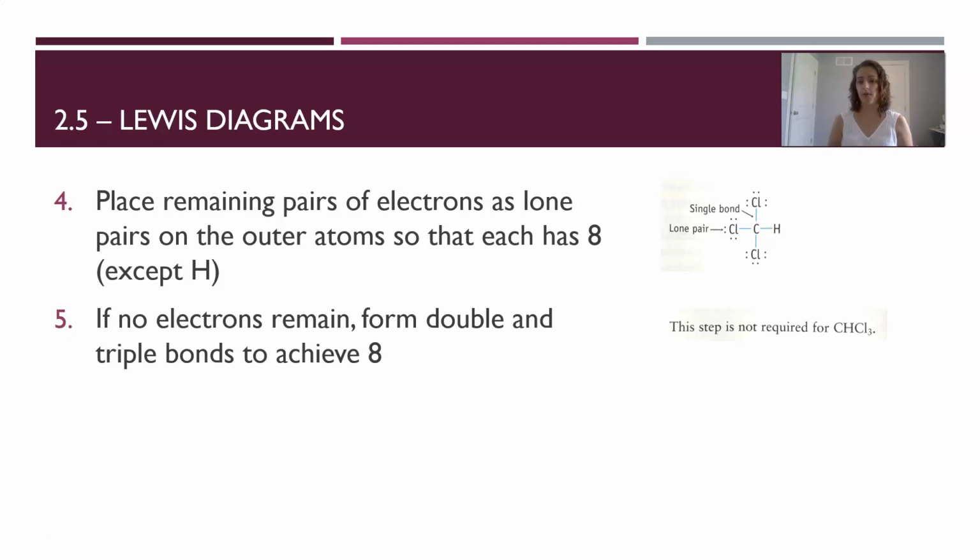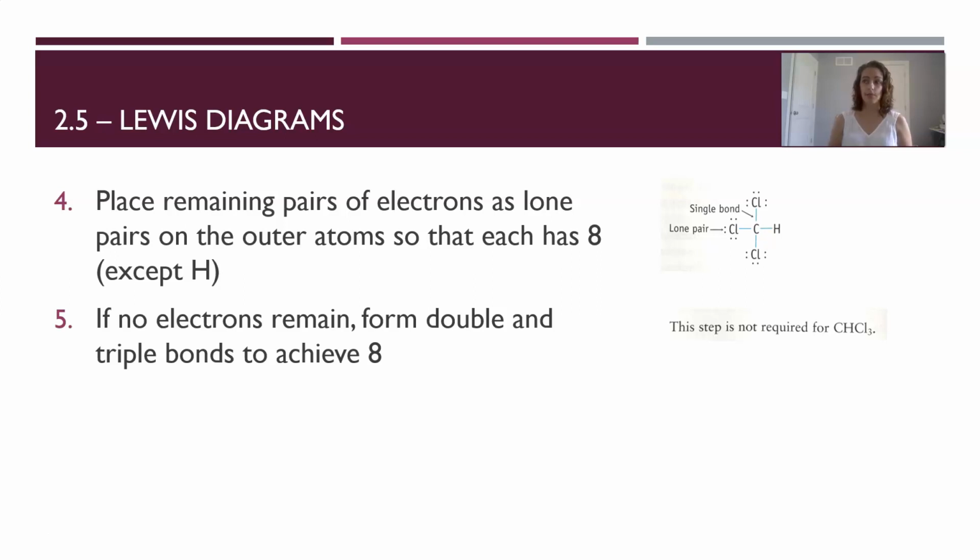If you were to count them up, we have 2, 4, 6, 8 in our bonds, 2, 4, 6 around each chlorine, and so that gets us to our 26 total valence electrons. So we don't have any left, everybody has 8, and so we don't need to do anything else, and this is the end of our Lewis structure.